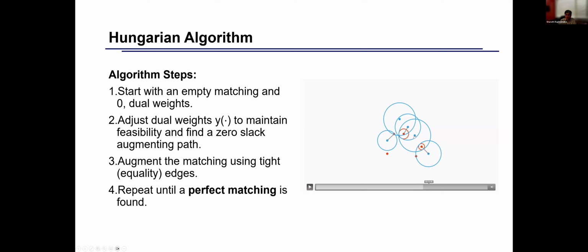So if you look at this situation now, you see this free blue point, and it's forming an admissible or 0 slack edge with this red point, meaning the red disk is touching the blue disk from the inside. So it's actually 0 slack. And this matching edge again is a 0 slack edge. And similarly, this edge is also 0 slack. So now if you augment the matching along this augmenting path that starts at this blue point and ends at this red point, then you'll be guaranteed to maintain feasibility.